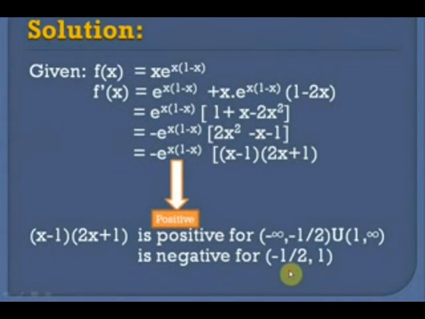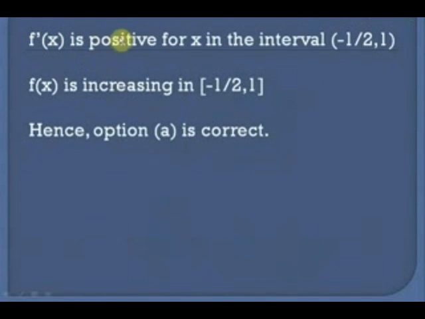So we see that f dash x is positive for x in the interval minus 1 by 2 to 1. Hence f dash x is positive in this interval, so f(x) is increasing in the interval minus 1 by 2 to 1, and this is nothing but option A. So we can say that option A is correct.